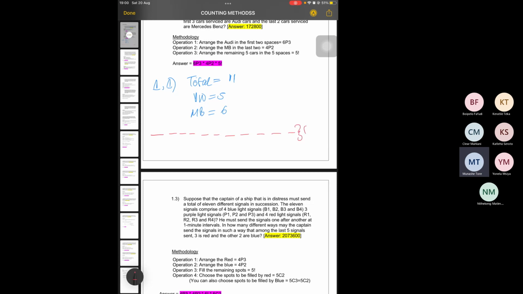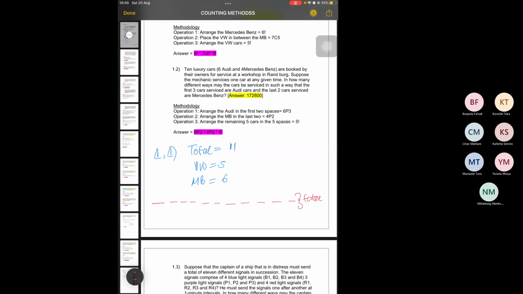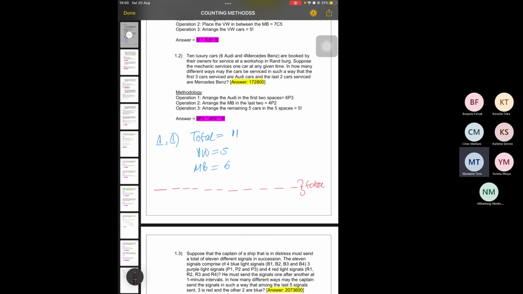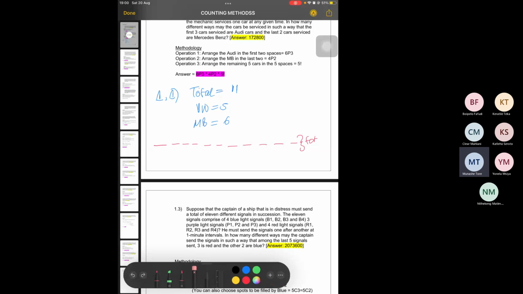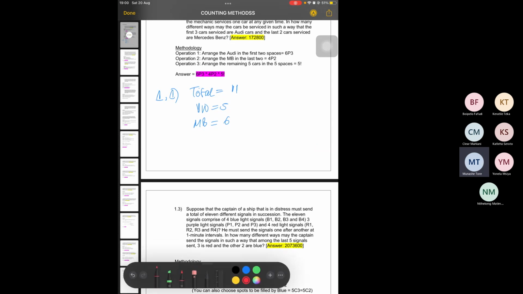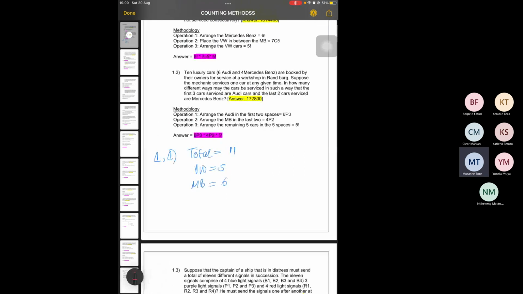This is for the total of 11 cars. If the VWs are not serviced consecutively, it means they are not supposed to be following each other.